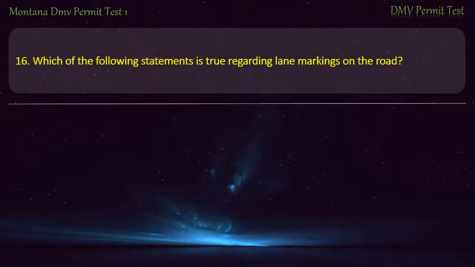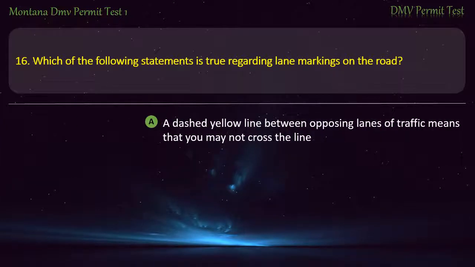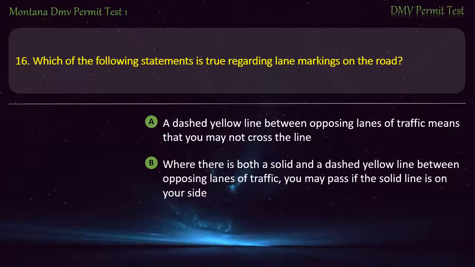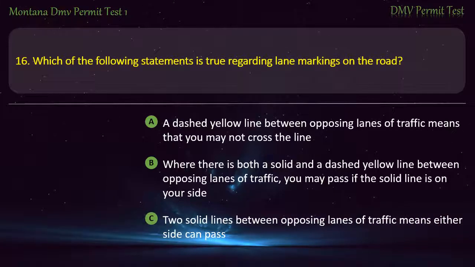Question 16. Which of the following statements is true regarding lane markings on the road? A dashed yellow line between opposing lanes of traffic means that you may not cross the line. Where there is both a solid and a dashed yellow line between opposing lanes of traffic, you may pass if the solid line is on your side. 2 solid lines between opposing lanes of traffic means either side can pass.